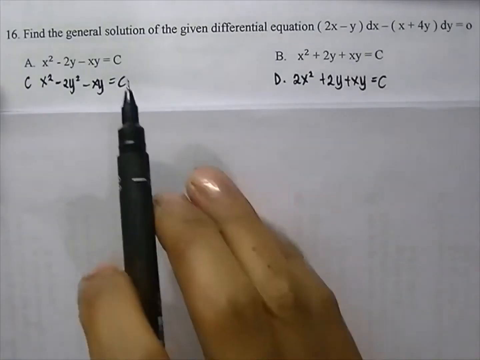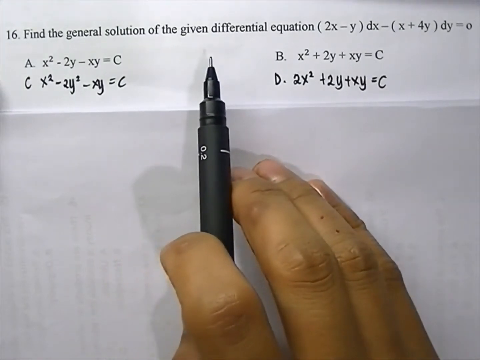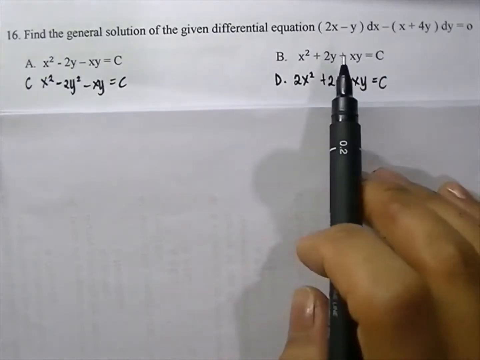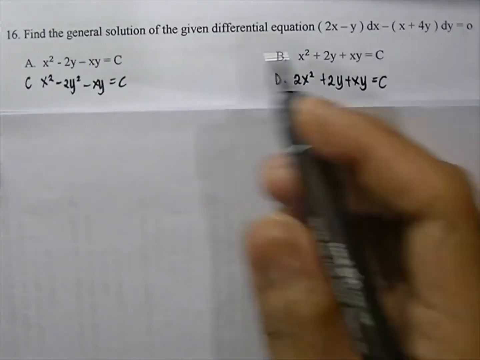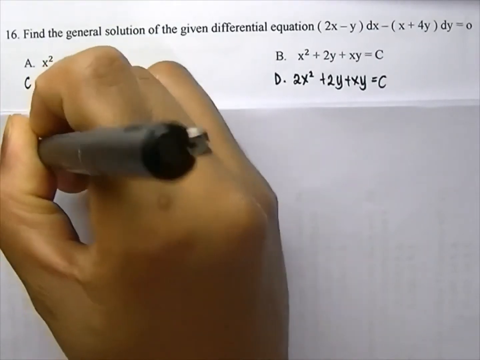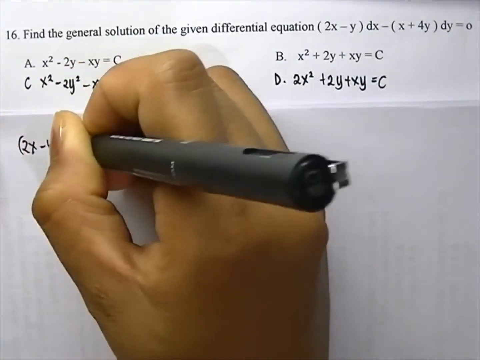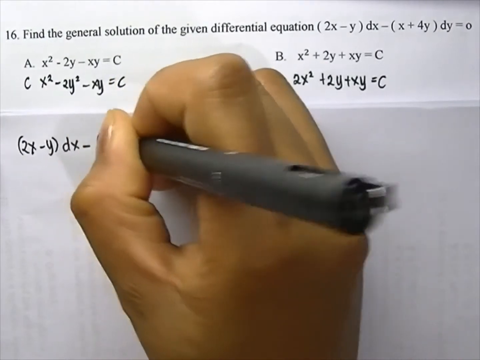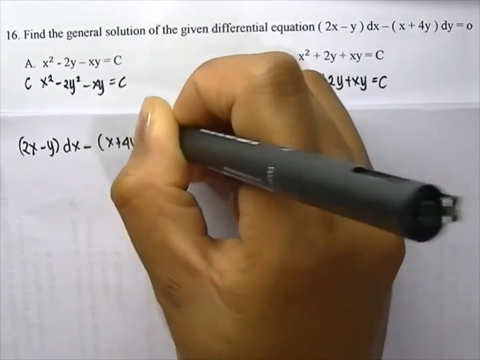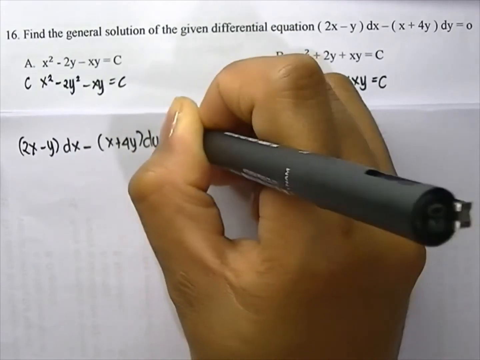Number 16, find the general solution of the given differential equation: (2x − y) dx − (x + 4y) dy = 0. So we have (2x − y) dx − (x + 4y) dy = 0.